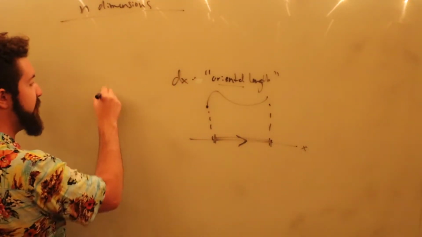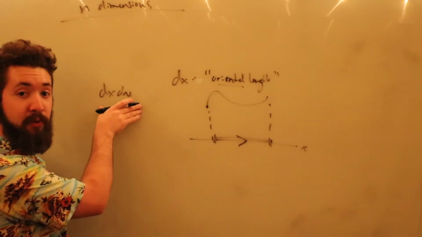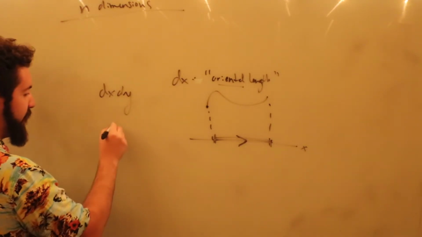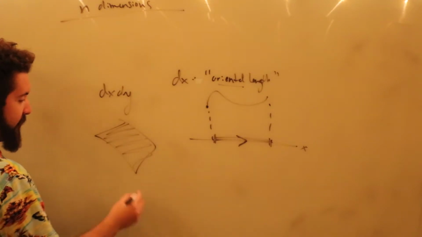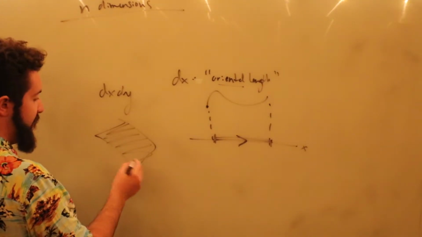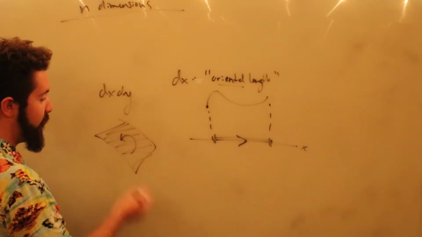Similarly, we can think of dx dy, which is also known as a differential two-form, as oriented area. So if we have something in the plane, to use the plane as an example, dx dy measures the area of this thing once you orient it.